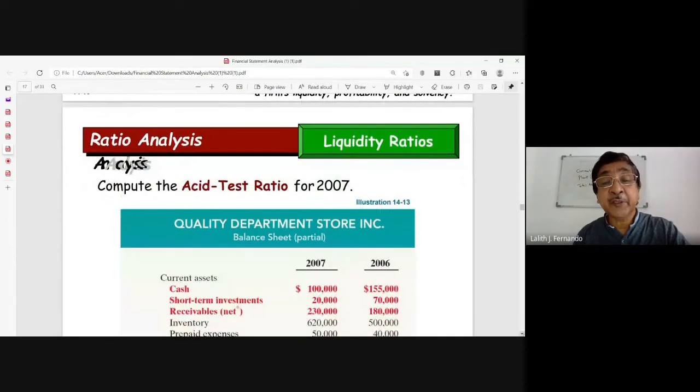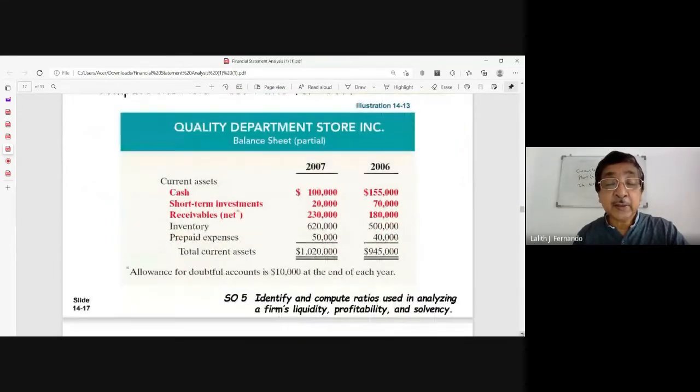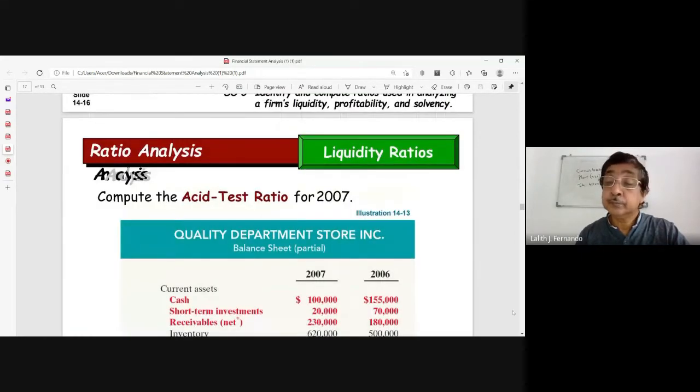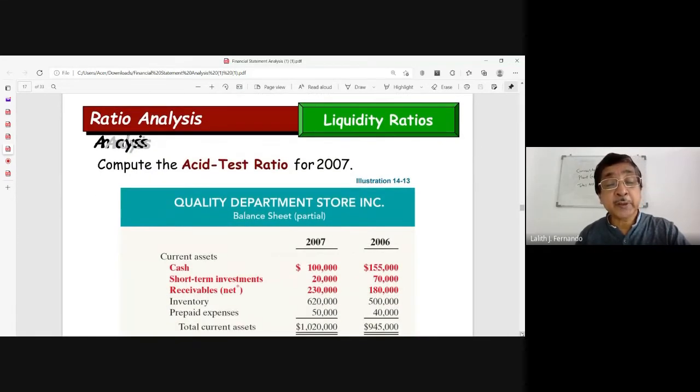Now, when you say acid test, we have another term for that. We call it the quick ratio also. In the acid test ratio, from current assets you deduct inventory.